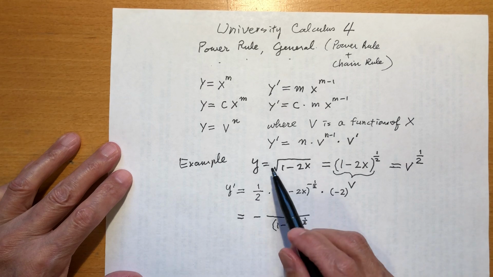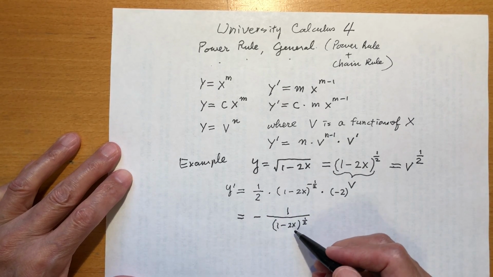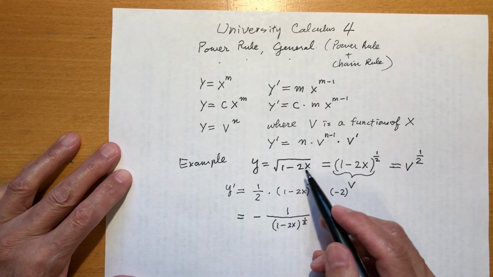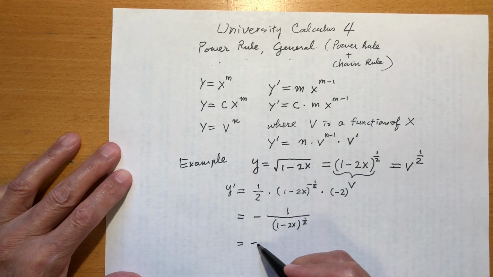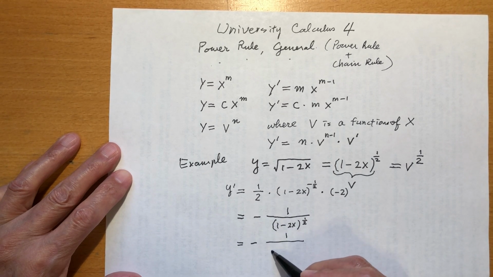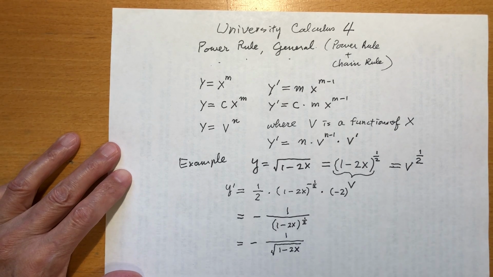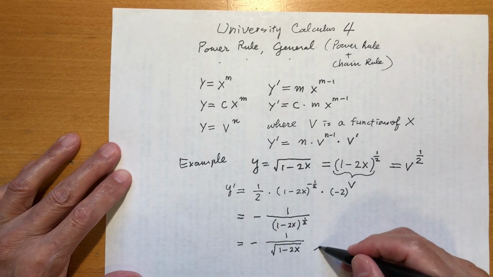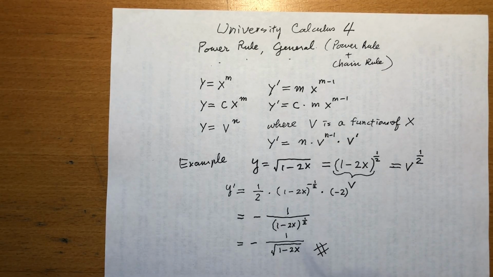Look, my given function is in terms of radical, so this is already my answer. But since the given function is a radical, I like to change it to radical. So negative 1 over the square root of 1 minus 2x, and this is my answer. So I'm using the power rule, general power rule.